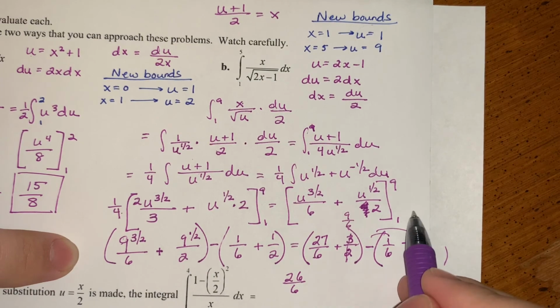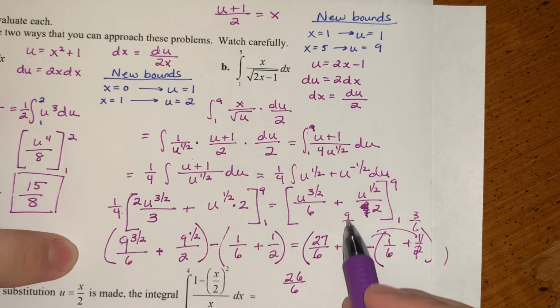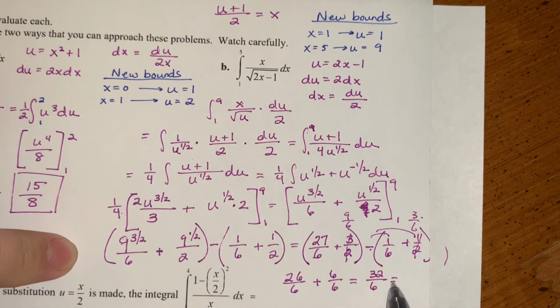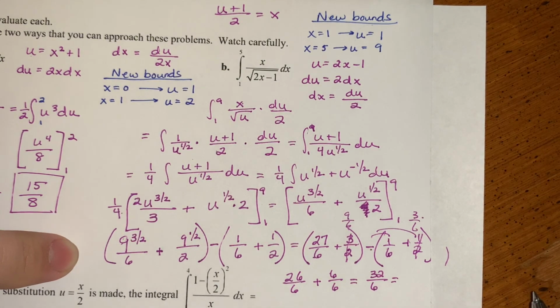And the 1/2 is the same thing as saying 3 over 6. So 9 over 6 minus 3 over 6 is plus 6 over 6, which is equal to 32 over 6, which is equal to, oh my God, what's this divided by 2, 16 over 3. There we go.